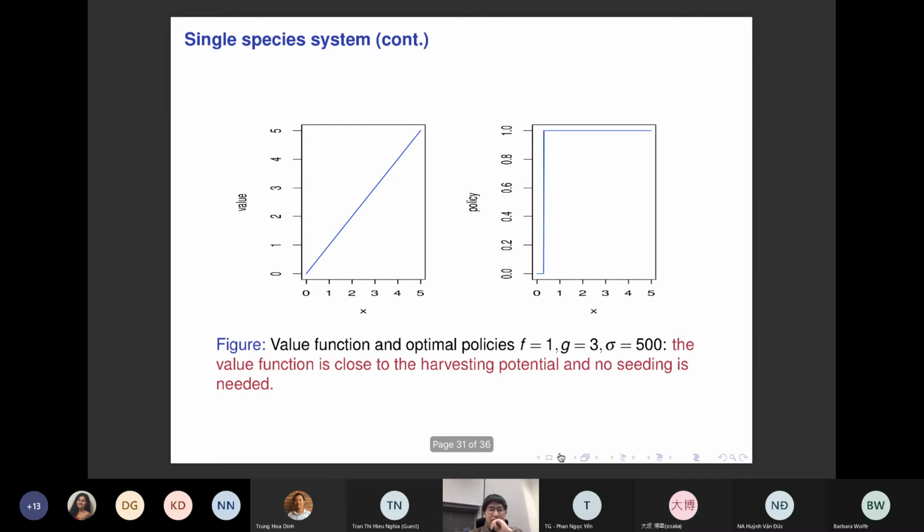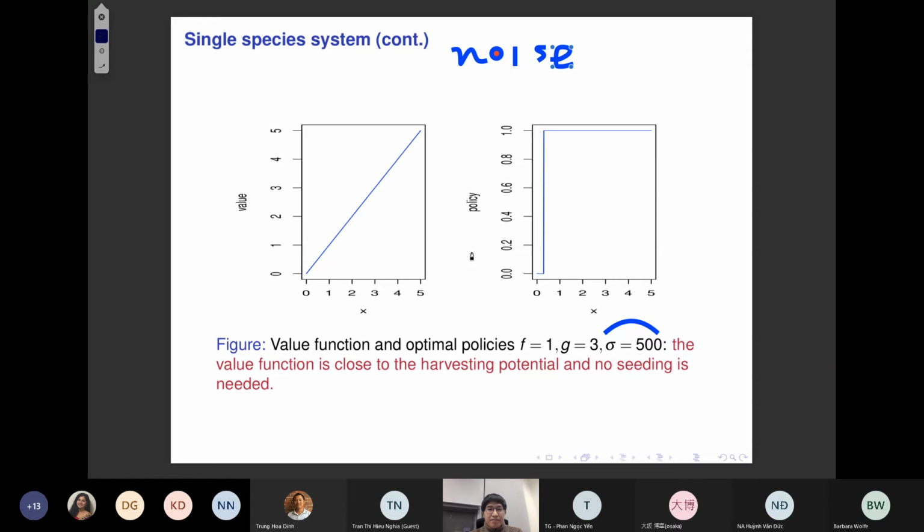Okay, so this is the next case. We still work on that model, but we consider sigma equal to 500. So you see sigma, the noise intensity, is very large here. Now, if the noise is very large, then we already observed that the species goes extinct. So Xt converges to 0 quickly.